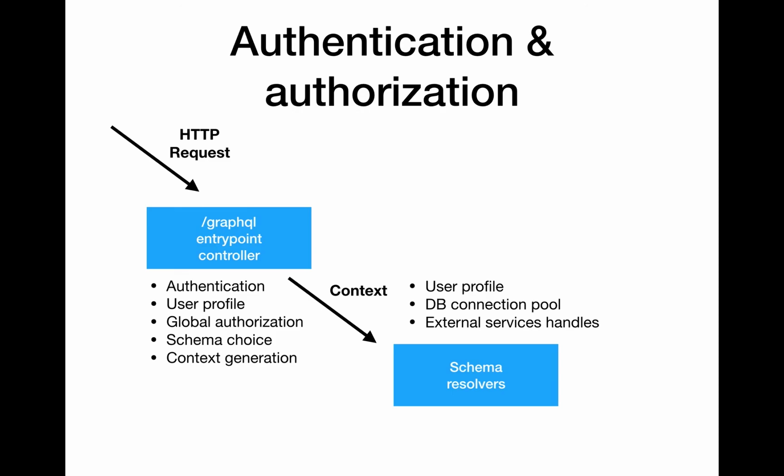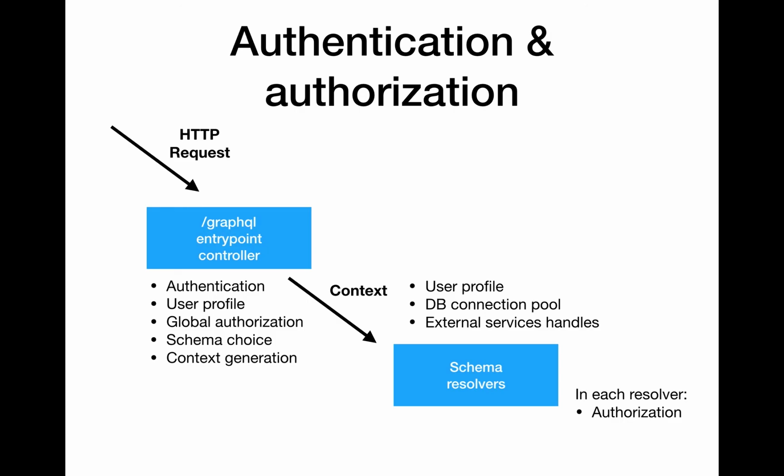And then finally, the resolvers kick in. And in each resolver, you can take advantage of the information you have in the context. And so, for example, you can do fine-grained authorization. So you can decide that a given user doesn't have access to a specific attribute. And so you're still going to see that that attribute is available there, but it's going to get a null.